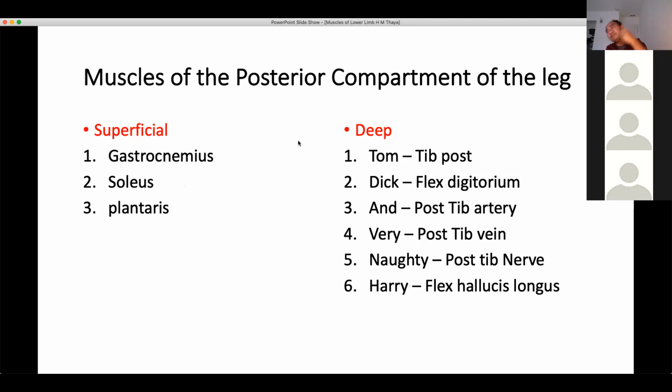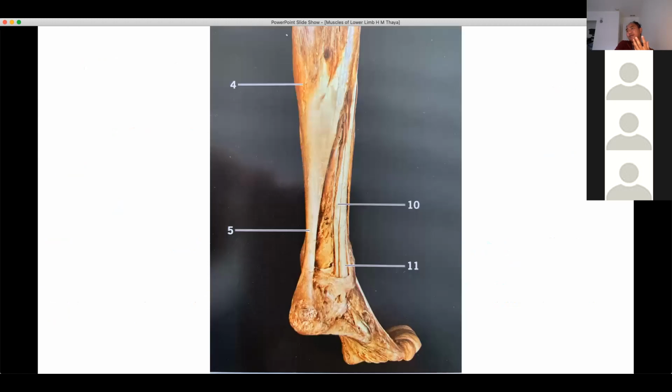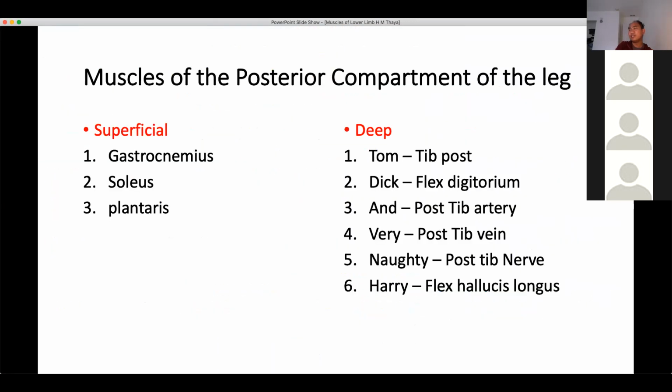But what about the deep group of muscle? Again, deep group of muscles, there are quite a few, and therefore we will try to remember with the mnemonic, which is running on the medial aspect of the ankle.